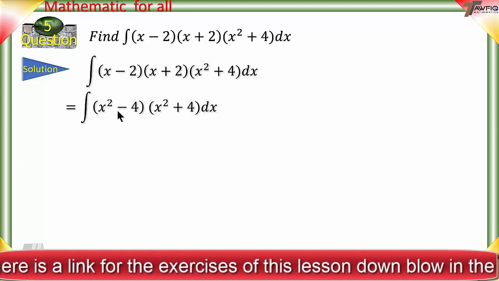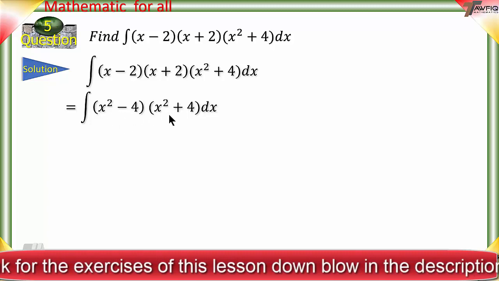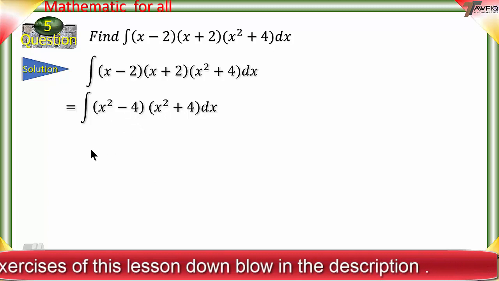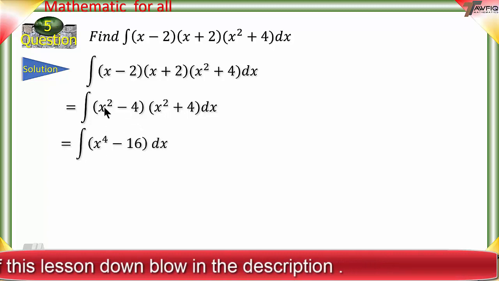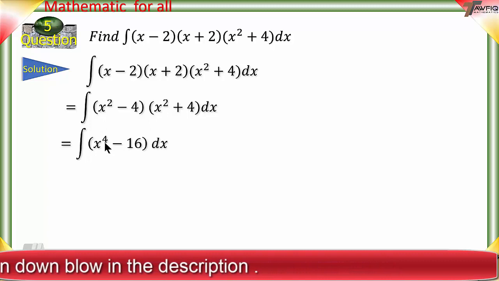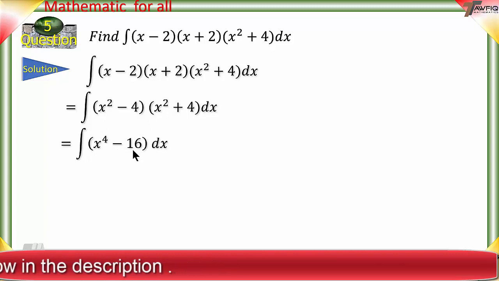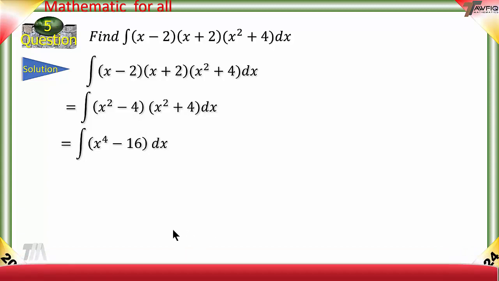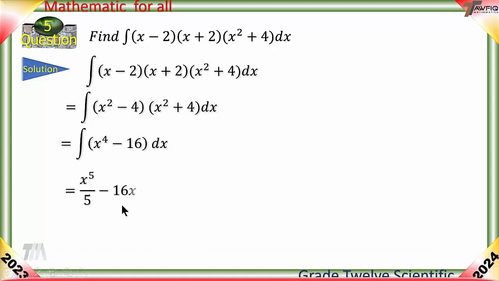And this one is also the difference between two squares, so it becomes x squared times x squared, x to the power 4, minus times plus is minus, 4 times 4 is 16 dx. And now you can take the integration by adding 1 to the power and dividing by the new power. So x to the power 4 becomes x to the power 5 over 5 minus 16x plus c.